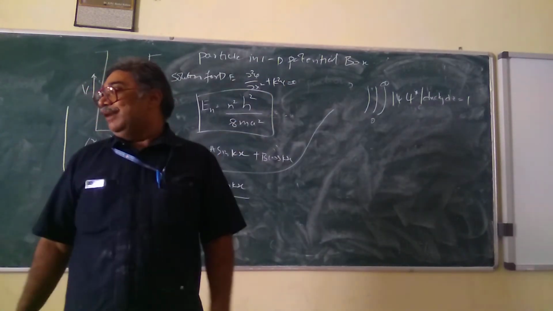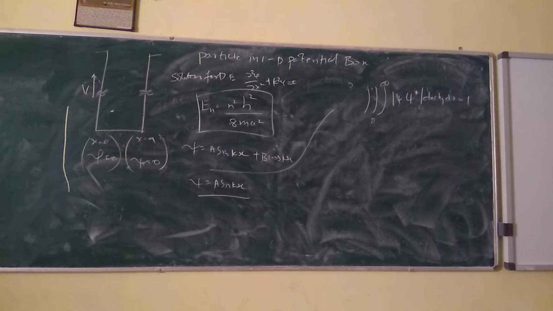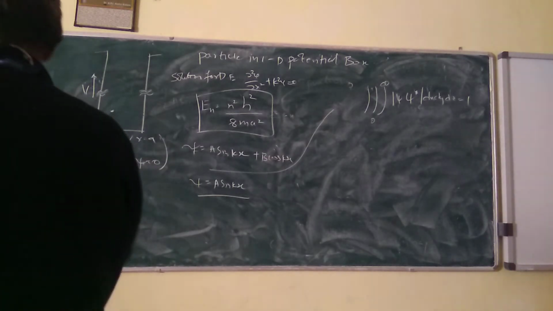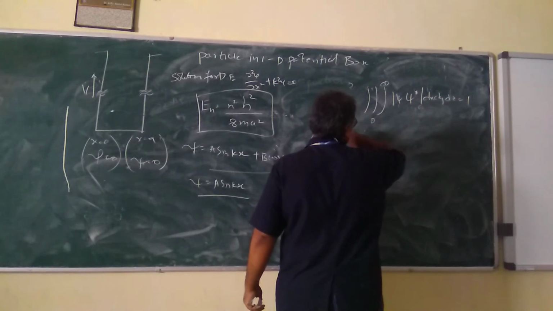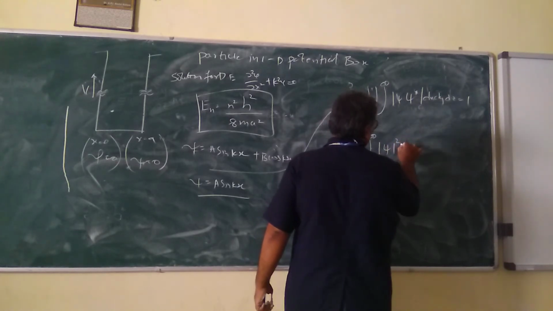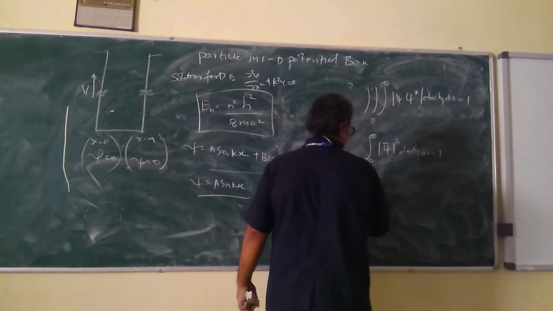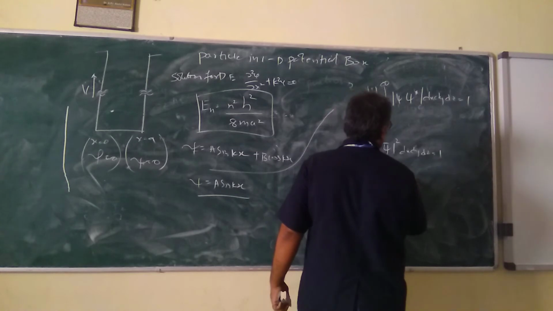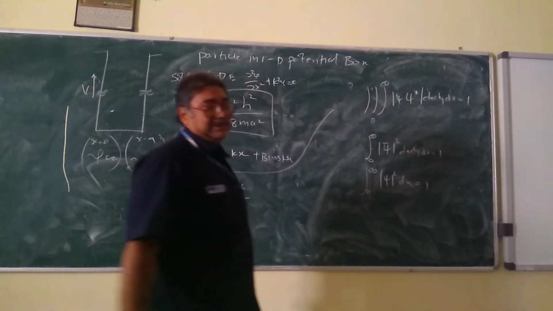Anyway, we are dealing with only one dimension, so in place of the triple integral we take a single integral from 0 to infinity of mod psi square dx equals 1, because this is limited to one dimension. So this is what we are going to take.